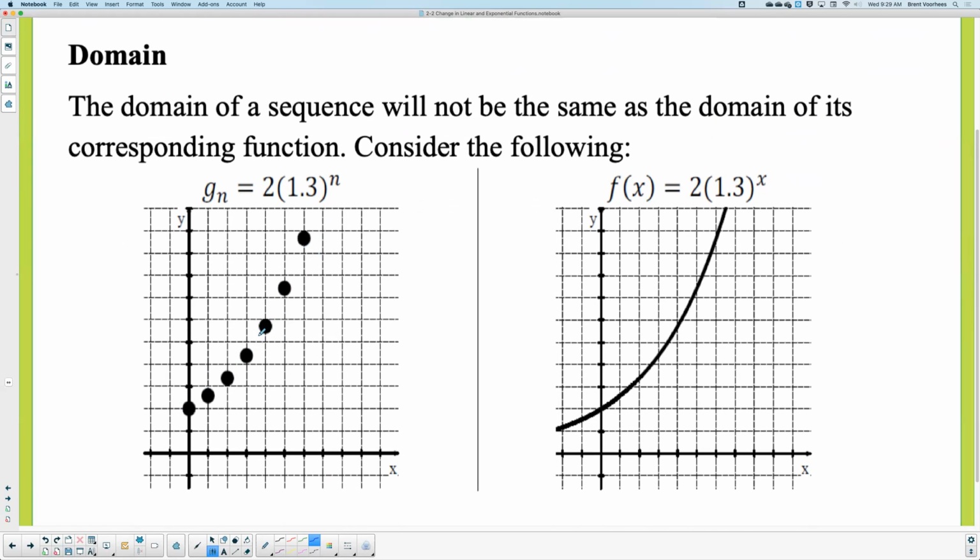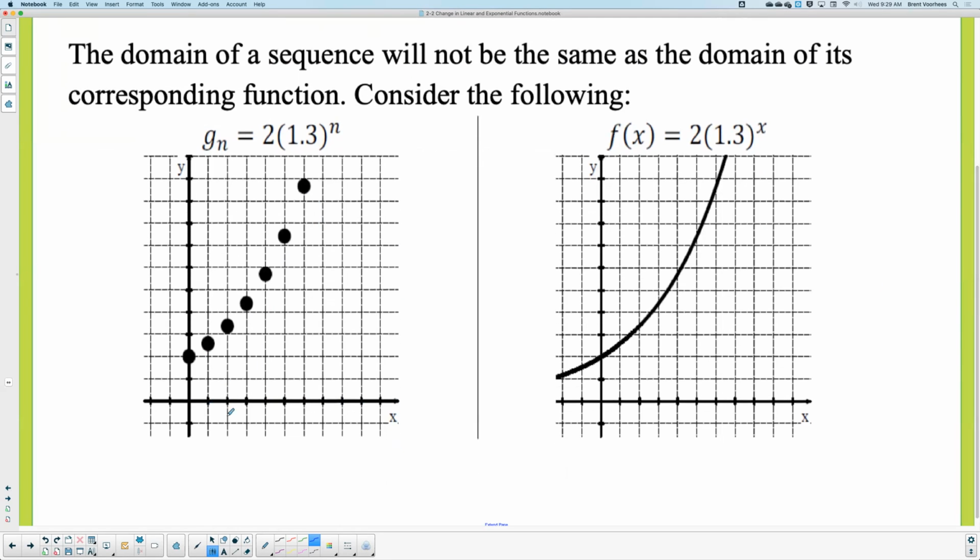So does this graph exist in between the whole numbers of your domain? No. So put on here, you can say that the domain is discrete. I want you to know that this domain would be written something like this. You'd say your domain is, what's the initial value here? 0. And it could continue on forever.